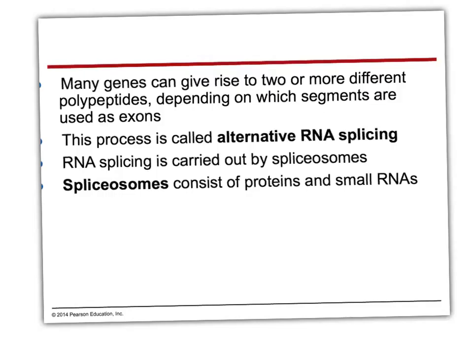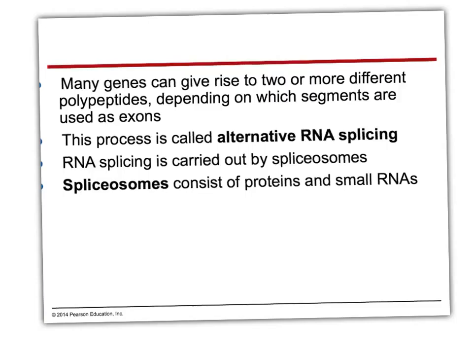And so proteins will attach to that and come together and produce what we call a spliceosome, a complex of proteins that will remove the intron and link together the exons.